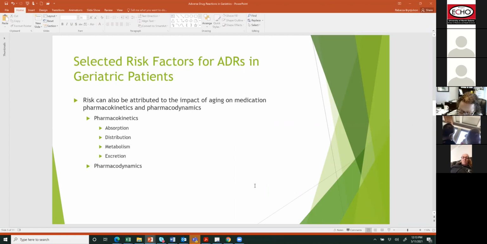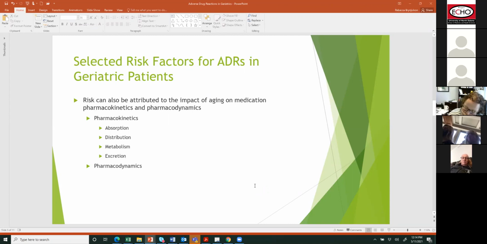And so we have to take those things into account as well in trying to prevent adverse drug reactions. So pharmacokinetics can play an important role. When we're thinking about drug interactions, as patients get older, we're also thinking about how the aging body is impacting those medications and whether dose adjustments need to be made or different agents chosen based upon a patient's pharmacokinetics.